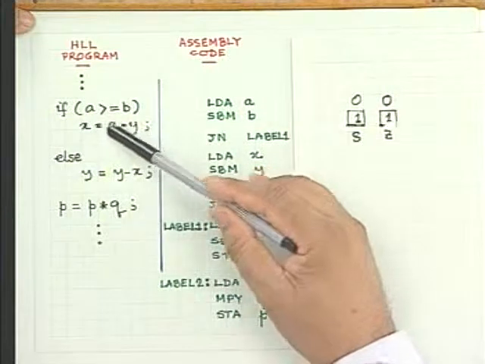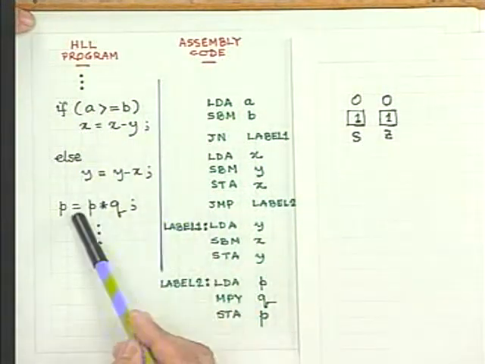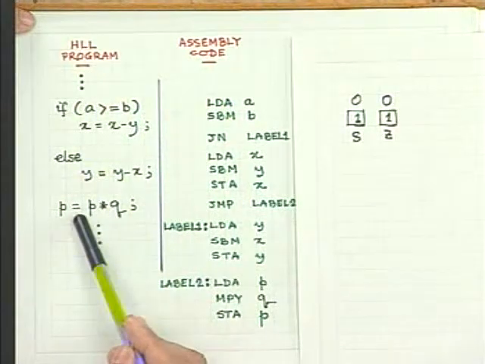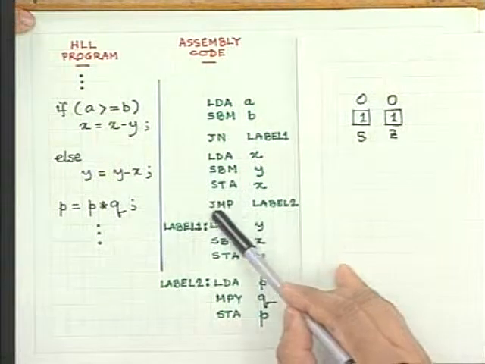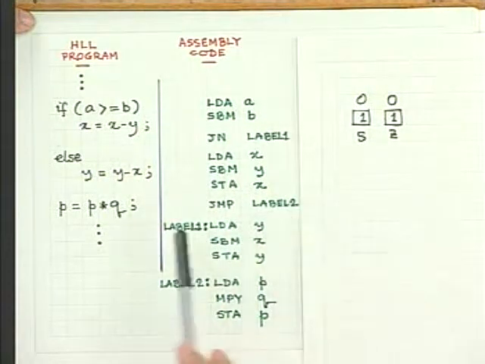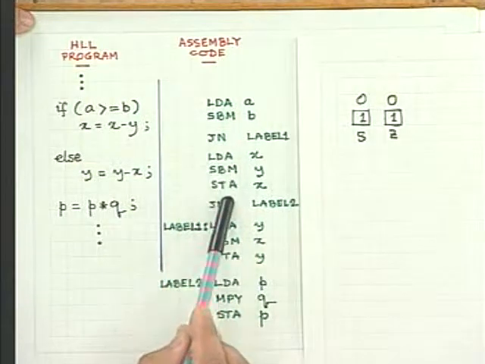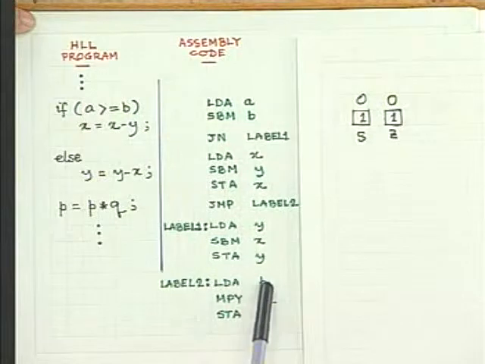From here, the control should jump after execution of this instruction to P equal to P into Q. Therefore, an unconditional jump, that means jump to label 2, is executed. That means after executing this portion, automatically it will jump over to execute P equal to P into Q.